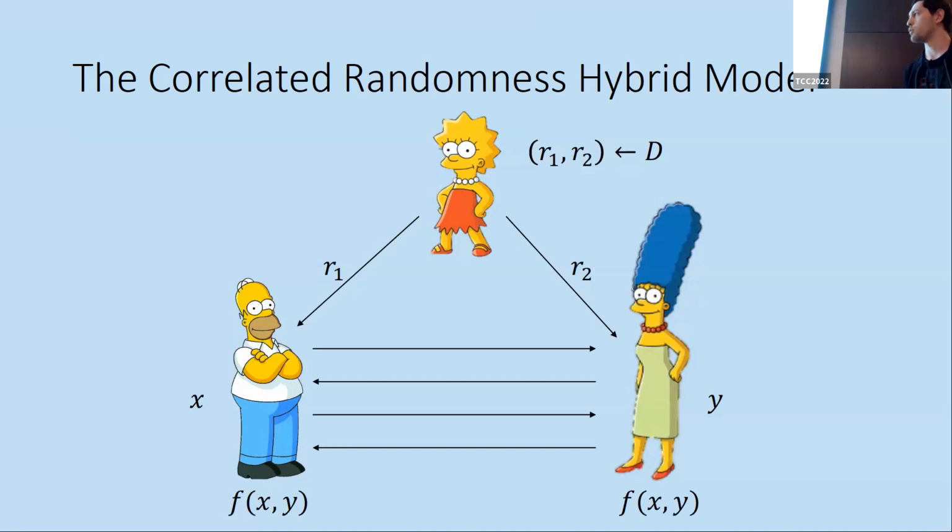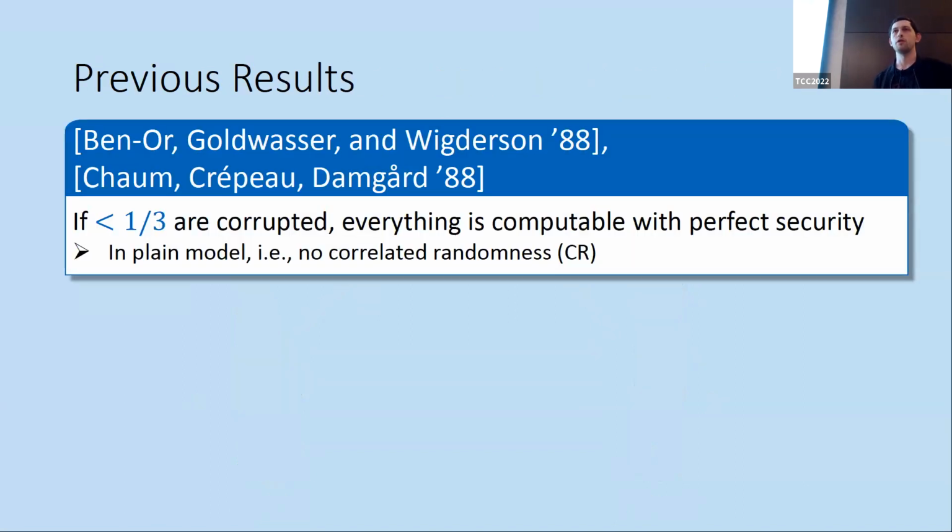So this is the model that we consider, and we want to figure out which functionalities can be computed with perfect security given some correlated randomness. Let me talk about some previous results. In the multi-party setting, if there are a lot of honest parties, specifically more than 2/3 of the parties are honest, then classical results of BGW and CCD show that everything can be computed with perfect security.